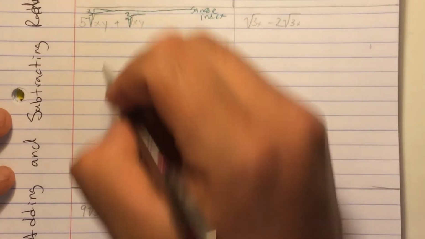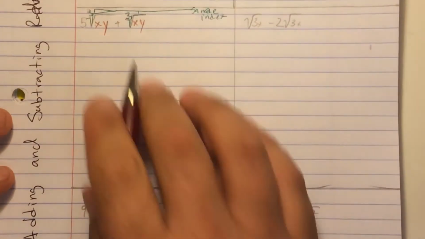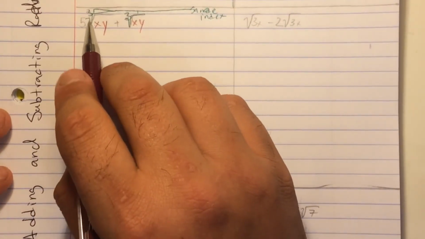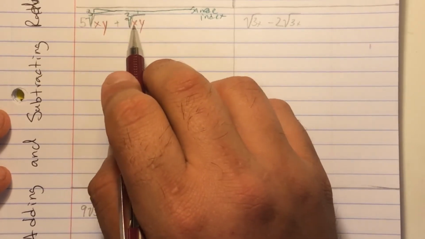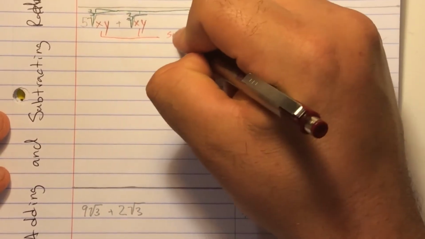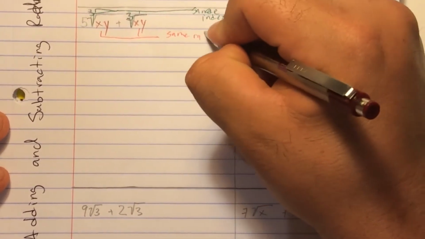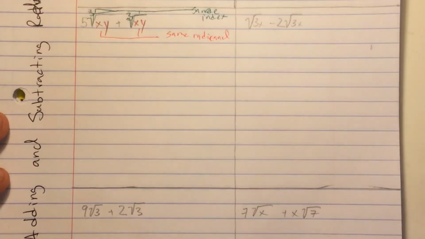And then we're going to look at the radicands. Our radicand is xy. Remember, radicand means the number or variables that are underneath the radical. So xy, xy are the same, so that's good. It means we have the same radicand. That means we can actually simplify this expression.